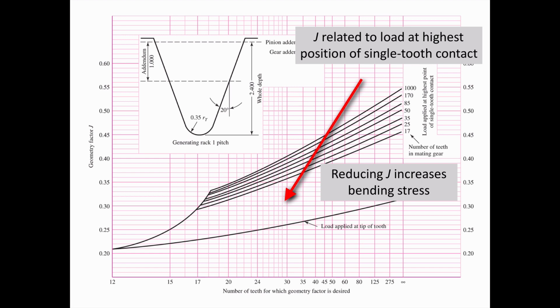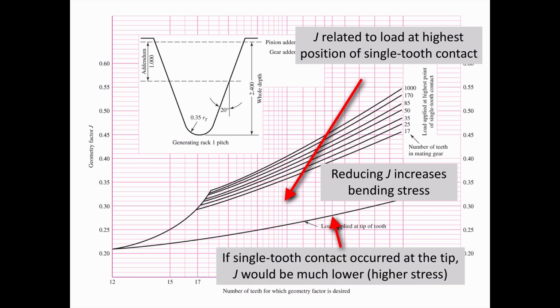And that makes sense. If we're reducing the number of teeth in the mating gear, then we're going to end up increasing stress. Now, if we only had a single tooth in contact and the contact was occurring at the tip, J would be much lower and we would have a much higher stress value.